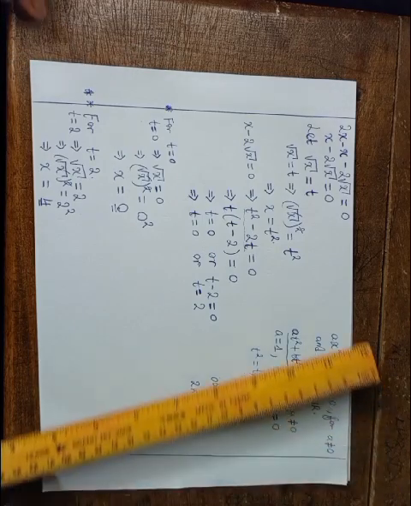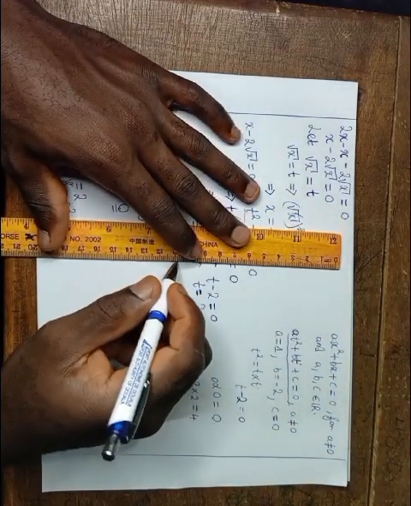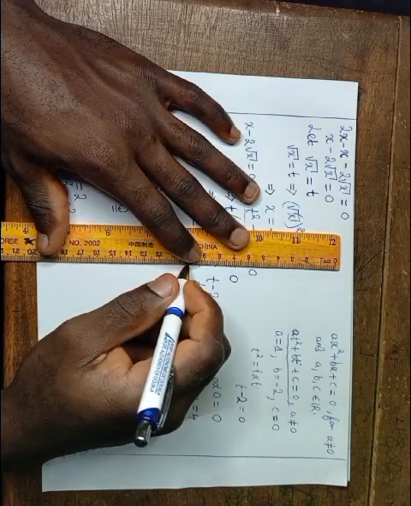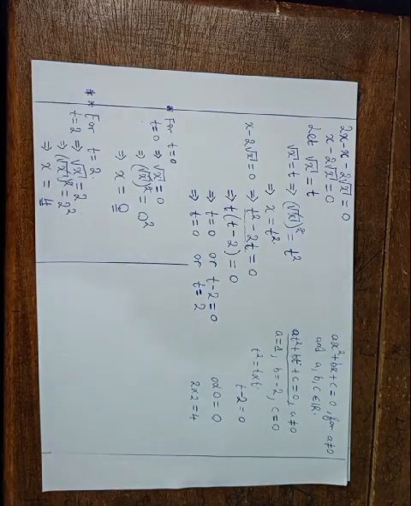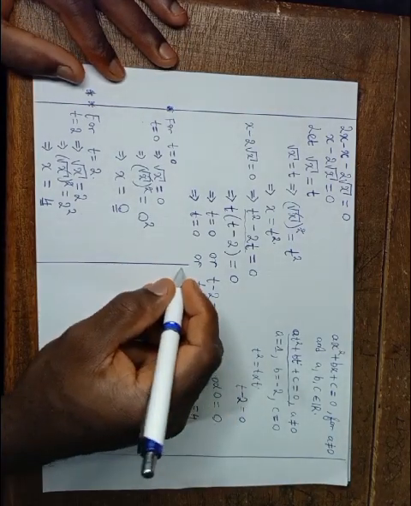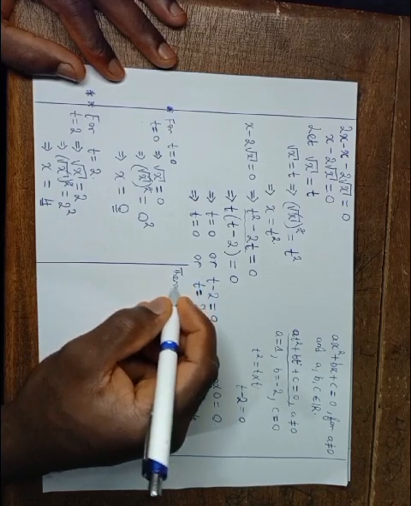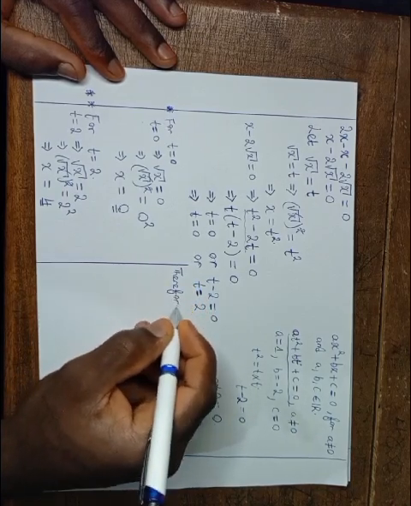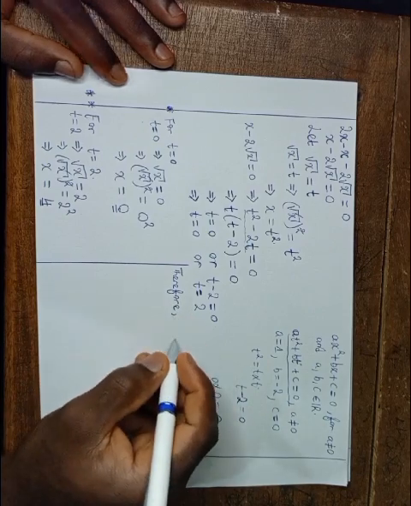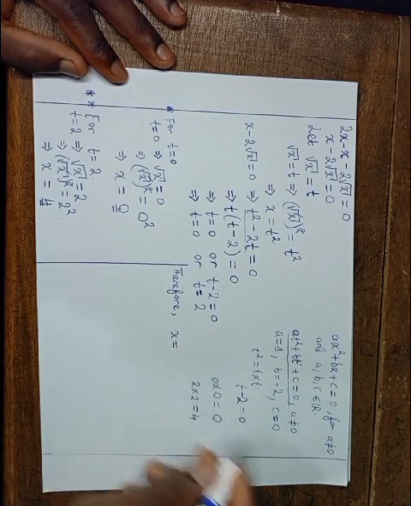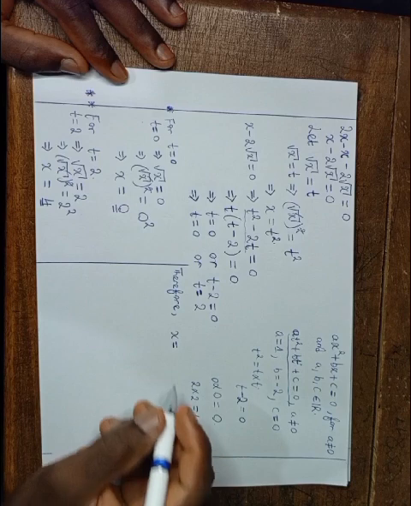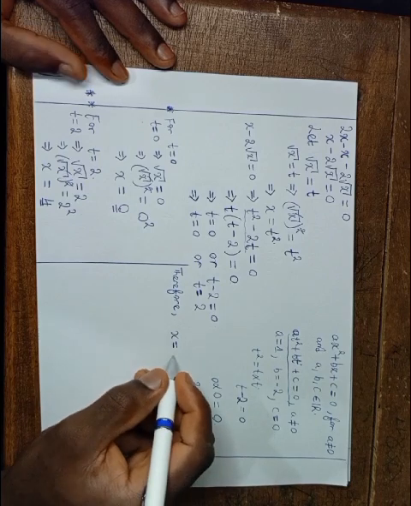We are going now to conclude. Therefore, this is our conclusion. This is our rough working; x will simply be equal to 0.